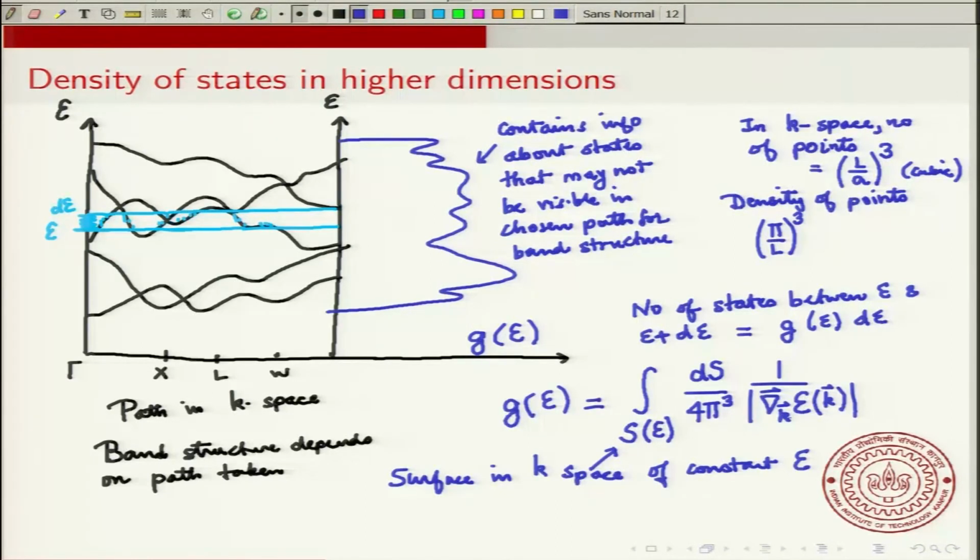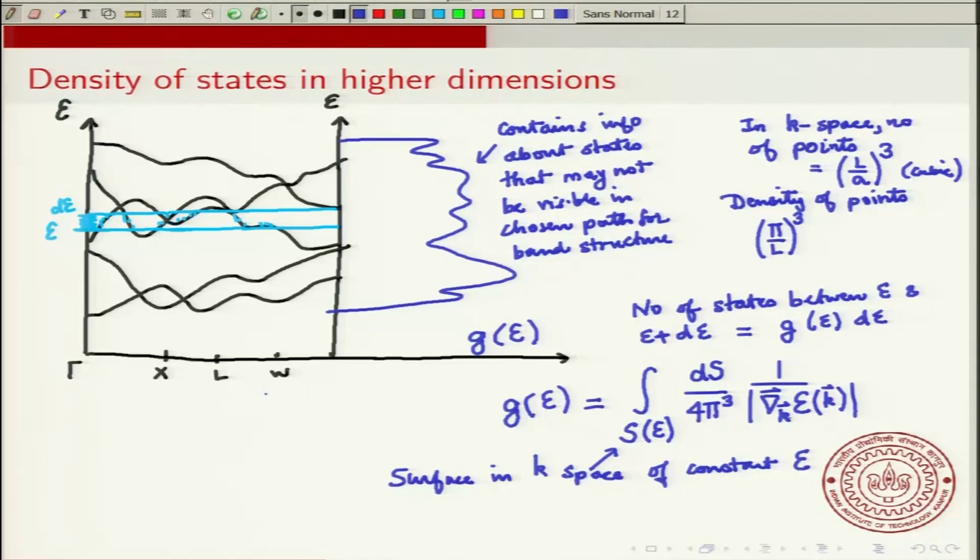So, you basically look in K space at a region where the energy is just E. Let me erase some of this just to show it schematically. If you look in K space, this is your coordinates of K, you can think of this as Kx, Ky, Kz.